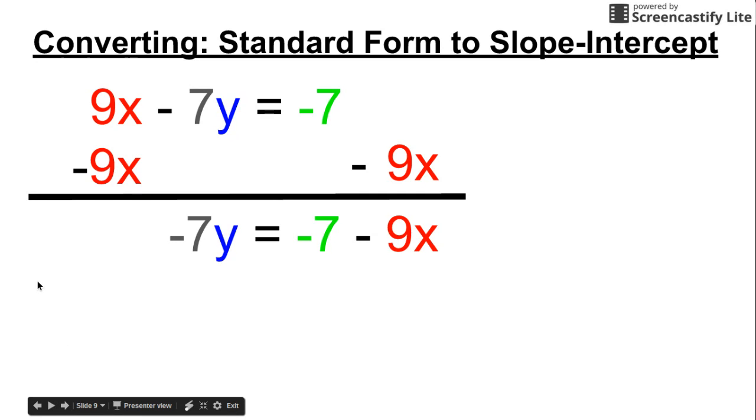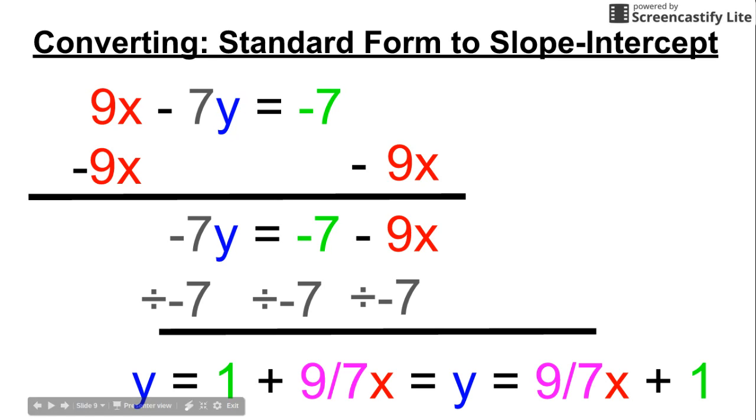We need to get rid of the coefficient on our y next, so we're going to divide everything by negative 7, leaving us with y equals 1 plus 9/7 x. You can see everything is a negative divided by a negative, giving us positive values. And when it's rearranged to slope-intercept form, it's y equals 9/7 x plus 1.